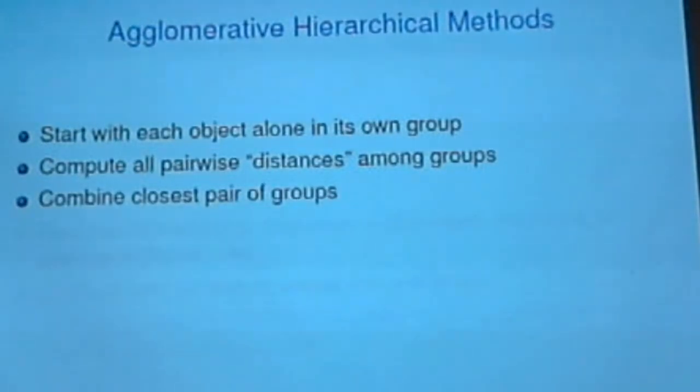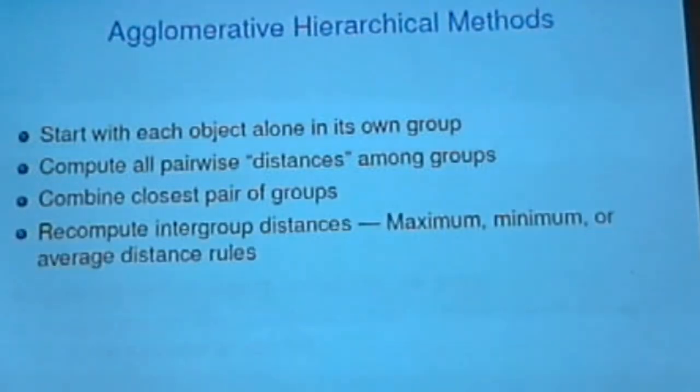And of course, there are ways to compute distances among groups. There are different linkage methods. You can link together with the shortest distance, the longest distance, or the average distance, among other methods. Then you combine the closest pair of groups, and these two groups form the parent group.